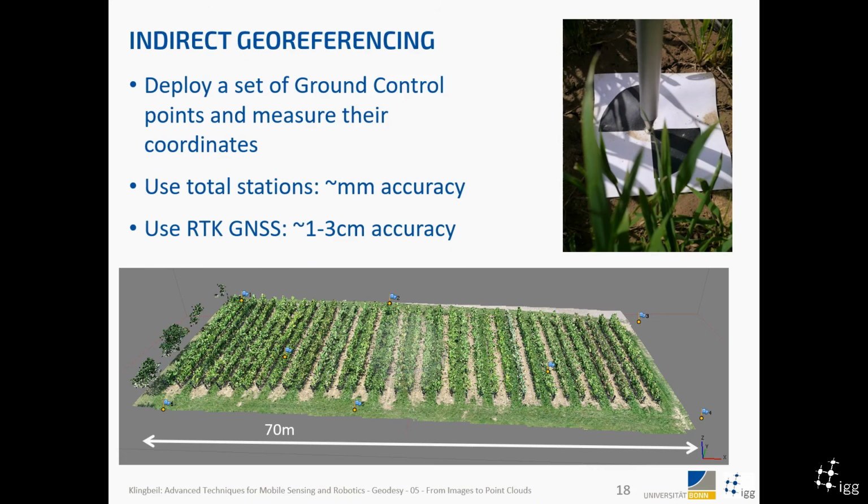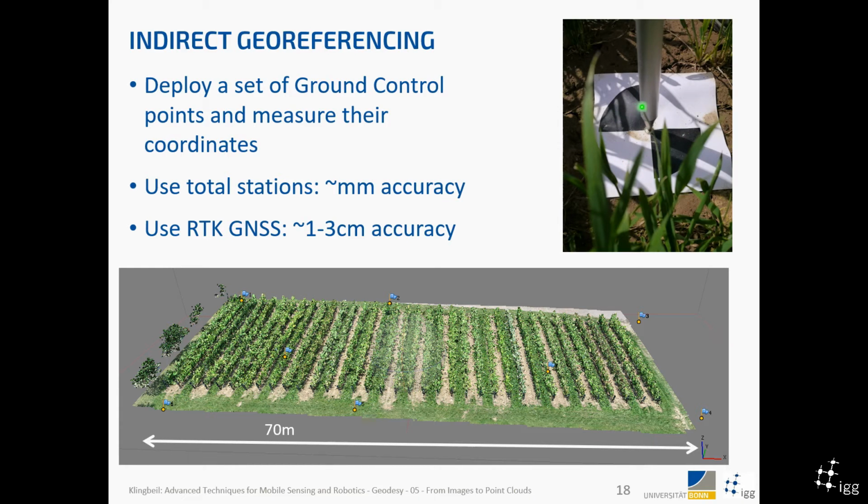Okay. I'll go through the three options for georeferencing and give some examples. So this is the classical one, the indirect georeferencing. What we do, as I said before, is deploy a set of ground control points and measure their coordinates. This is how they look. Usually, the main thing is that they are visible in the images, right?